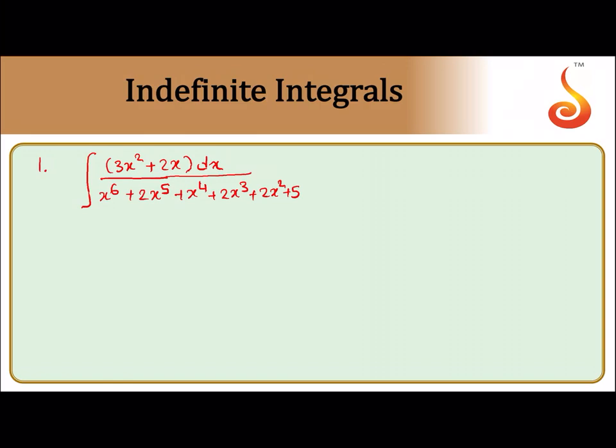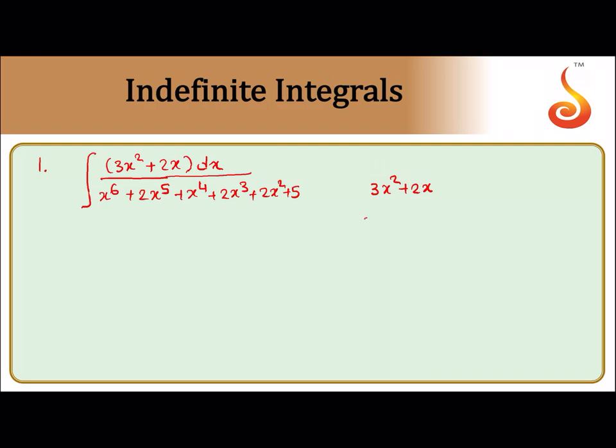So the main concept is that, whatever is the denominator and numerator given, observe that both are polynomials. Now, some factor's derivative is present in the numerator. What is the derivative?